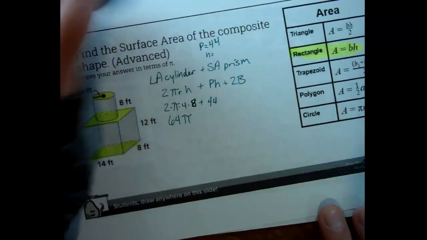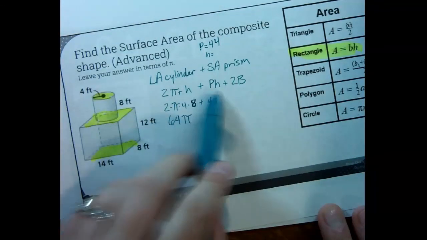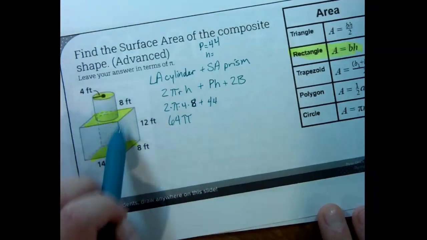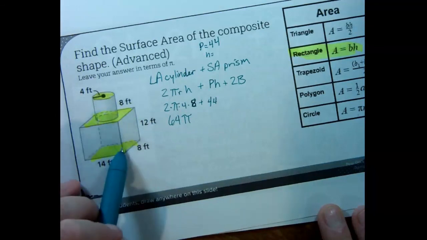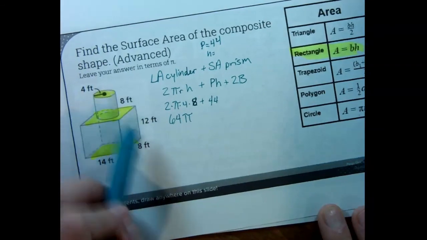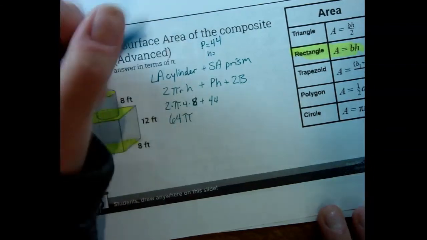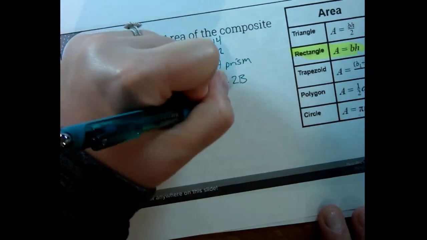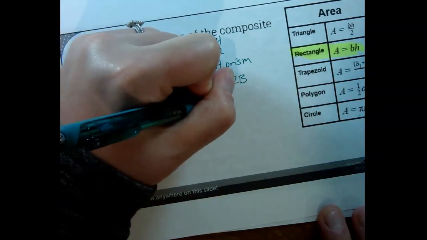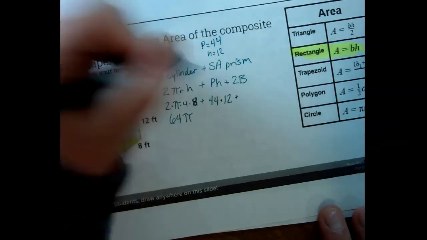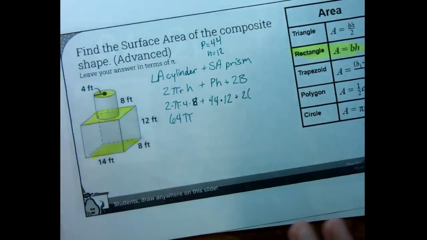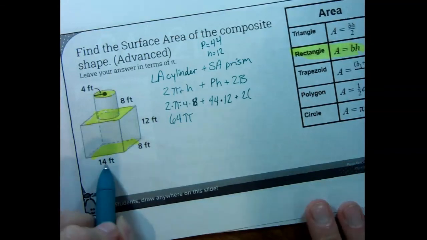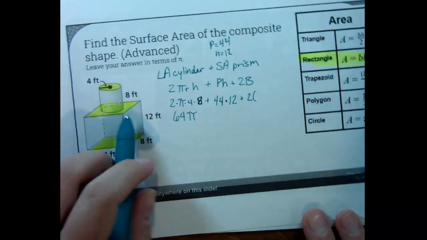And then this height, and this height are going to be different. They're both h's, but one's dealing with the cylinder and one is dealing with the prism. So how far apart are the top and bottom base? They're 12 feet apart. So we're going to do 44 times 12 plus 2 times the area of the base, 14 and 8 are the two sides of the base.